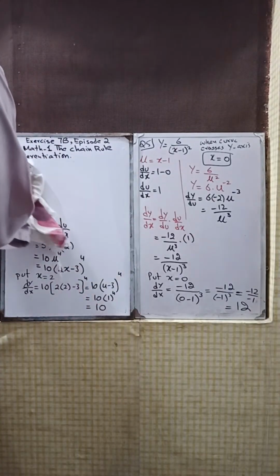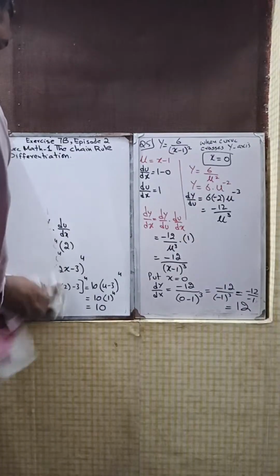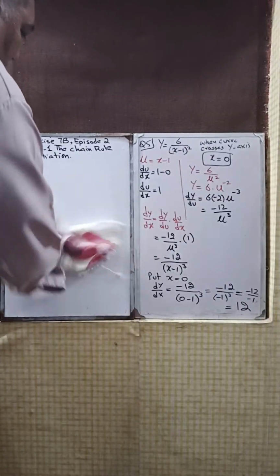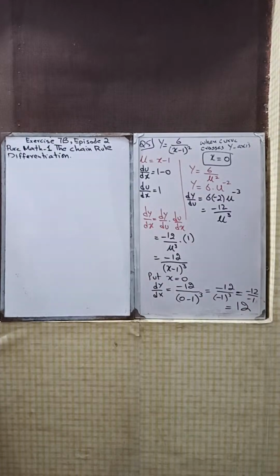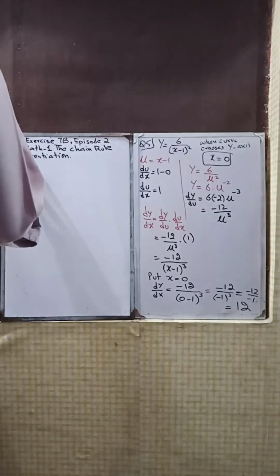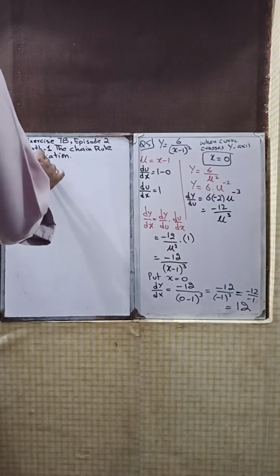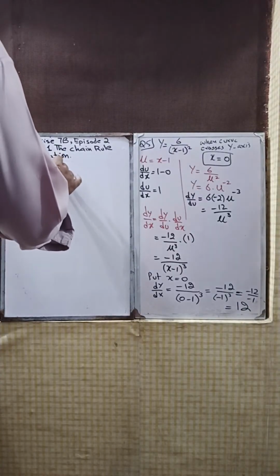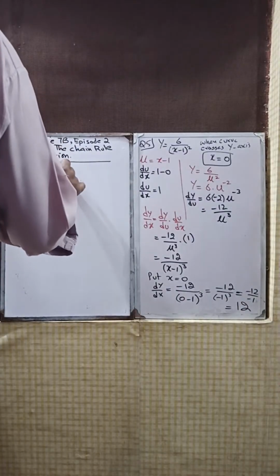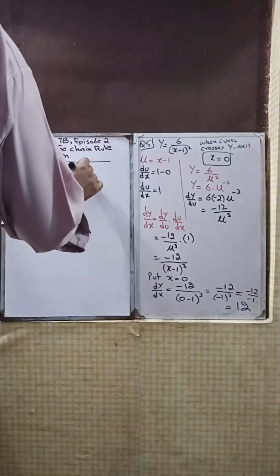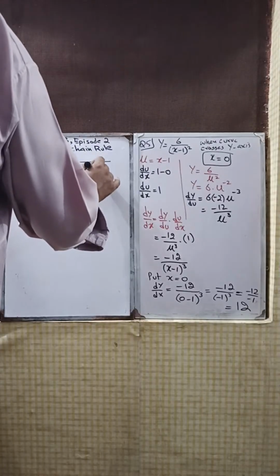Okay, it says find the coordinates of the point on the curve y equals to, they have given, the square root of x square minus 10x plus 26.